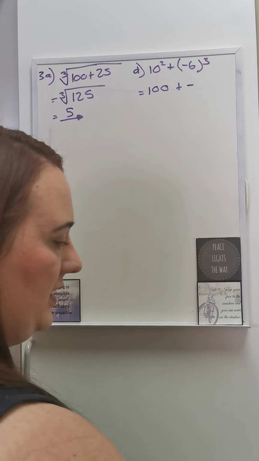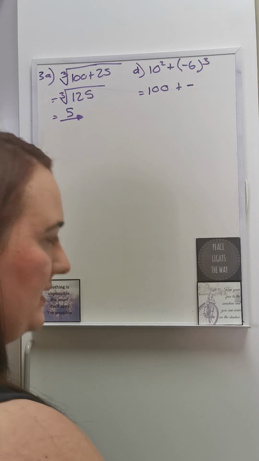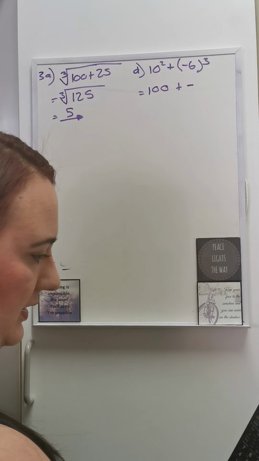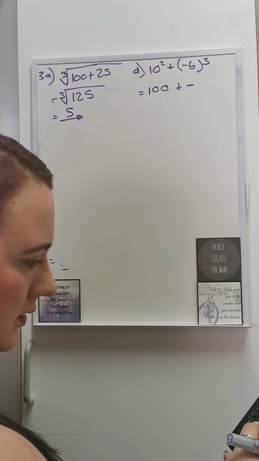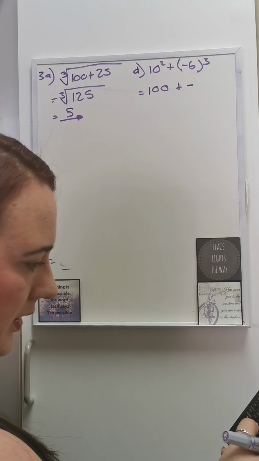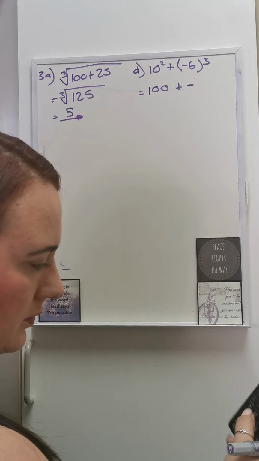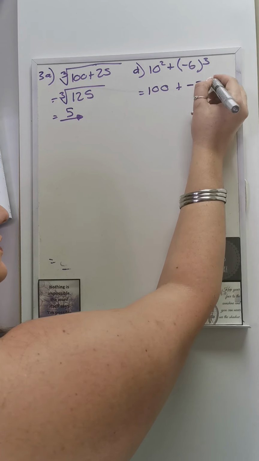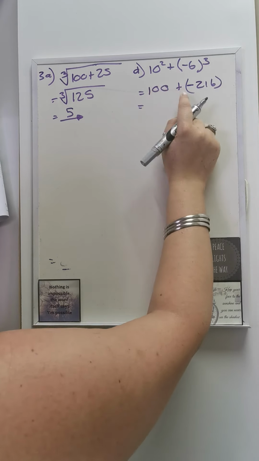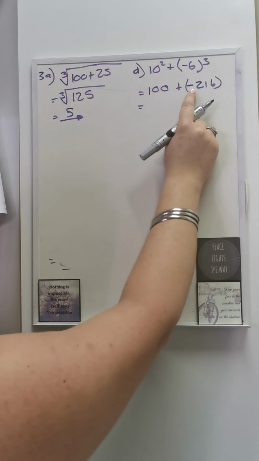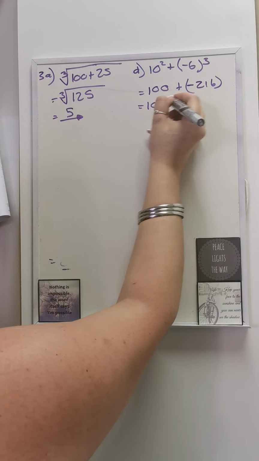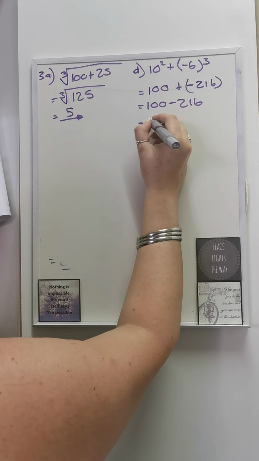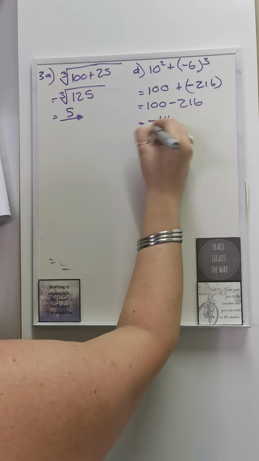Now this is where you can use your calculator. 6 to the power of 3 gives you 216, if I'm right. So negative 6 to the power of 3 gives me negative 216. What happens if I have a plus and a minus? It becomes a minus. So 100 minus 216 gives you negative 116.